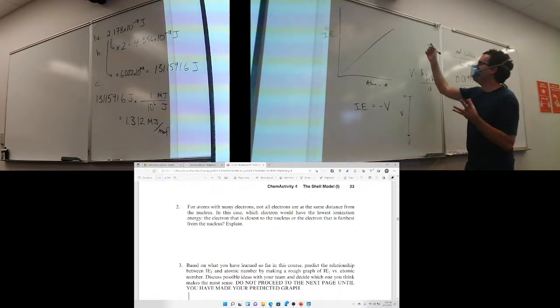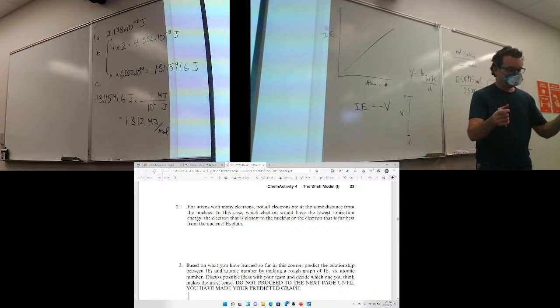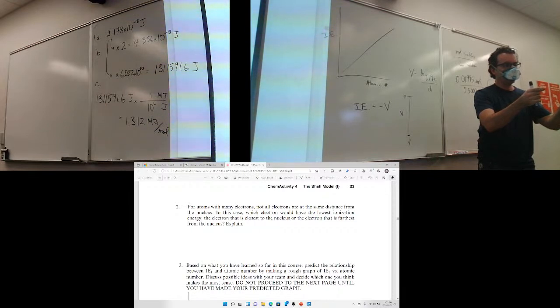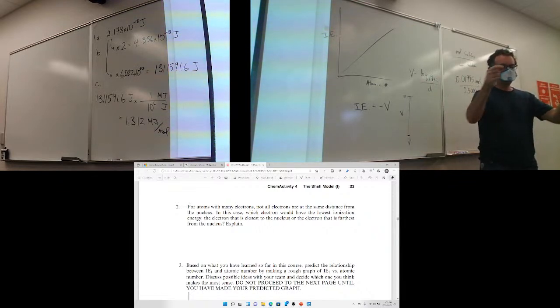Here's a visual that maybe helps. Think of 2 magnets, and you're holding them a certain distance away from each other. If you get this close, you can pull this one away very easily. But if you put them really close together, it gets a lot harder to pull the magnet away. Ionization energy is the effort you need to put in to pull it away. So when they're far away, it's easy to remove the other one.